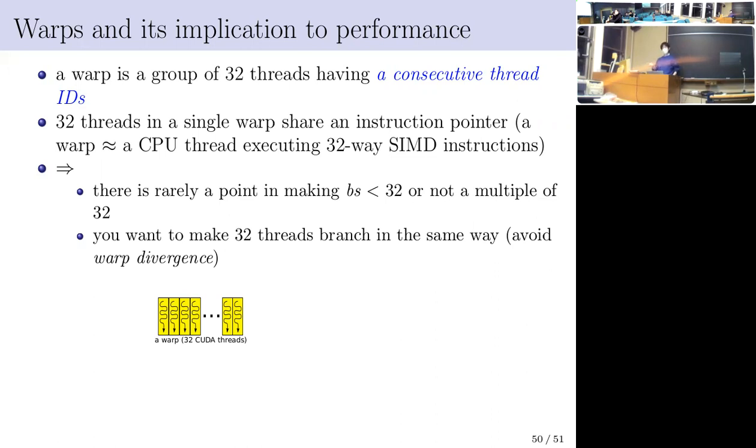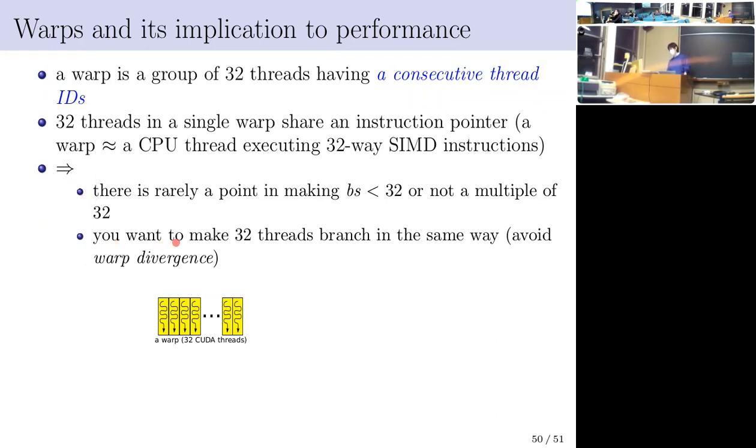So you'd better have at least 32 threads within a single thread block. Likewise, there's rarely a point in, for example, having 40 threads in a single block. In that case, you'd rather have 64 threads within a single thread block. So this is one implication.